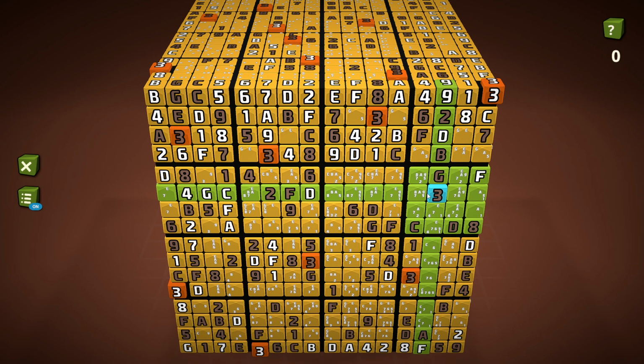Unfortunately, that still leaves 2 squares that could still be 3s. And this still leaves 2 spaces that could still be 3s. Left and right, first and second.